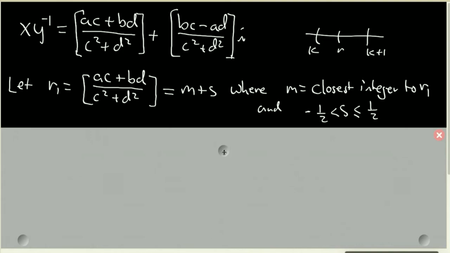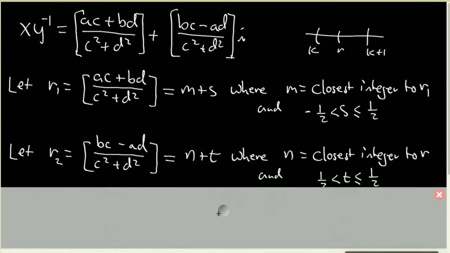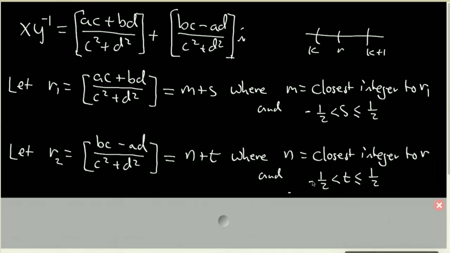Then we did the same thing for r2, and there should be a minus sign there as well. So r2 is this ugly rational number, but we're going to write it as n plus t, where n is the closest integer to r2, and t is trapped between plus and -1/2.